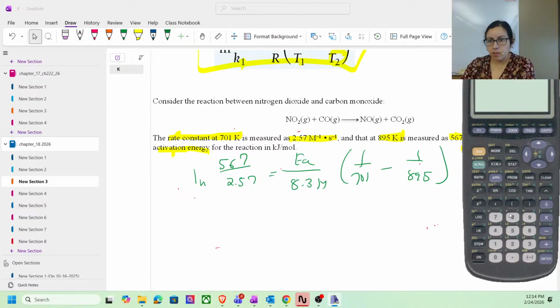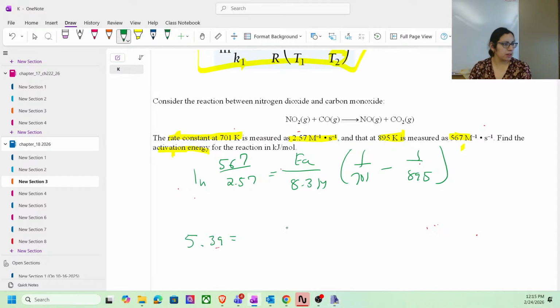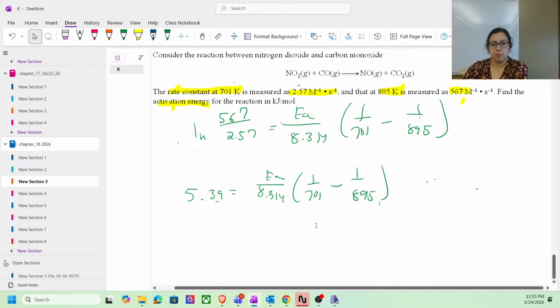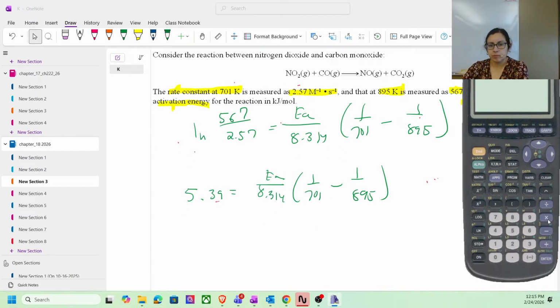Just make sure you're testing out your calculator, that you're in the correct base. Should be natural log. So I just plug this in to solve, 5.39. I'm just algebraing away. So what do we get for our activation energy? Oops, I screwed that up.